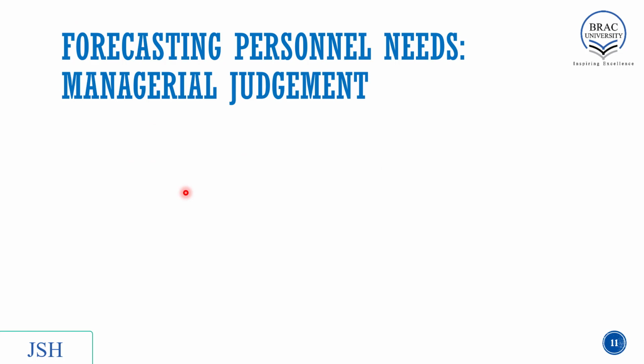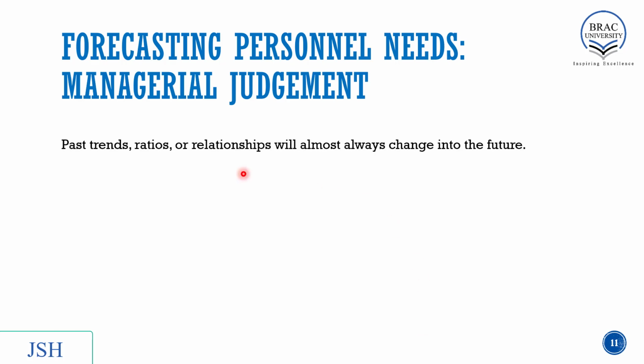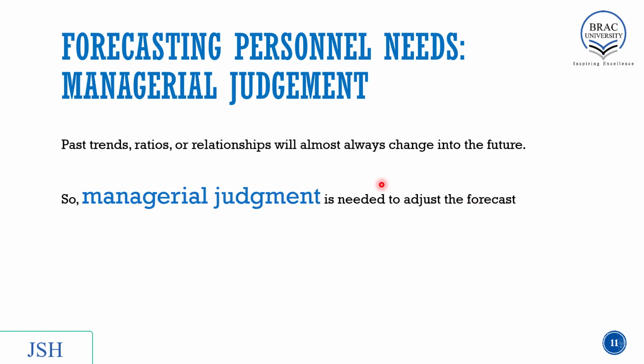We have to adjust or change the result of trend analysis by using our managerial judgment as well. Again, past trends, ratios, or relationships will almost always change into the future. And that is why we need to use our managerial judgment to adjust the forecast that we got from trend analysis or from any other method.